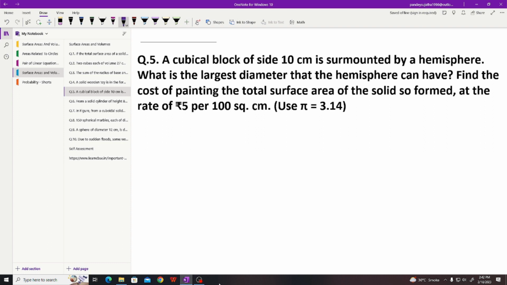So question number 5 is, a cubical block of side 10 centimeter is surmounted by a hemisphere. We need to find the largest diameter that the hemisphere can have. So let's draw the cube first.